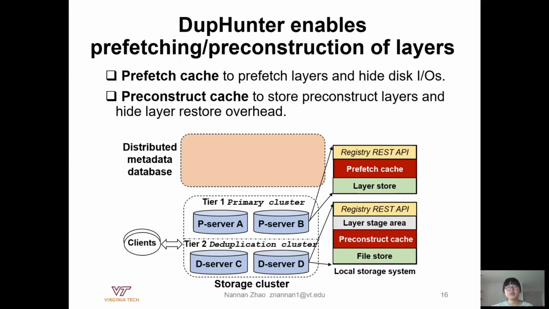Additionally, to reduce layer restoring overhead, DupHunter preconstructs the layers and loads them in the preconstruct cache on disk on D servers. The user access history and image information are then saved in the metadata database.